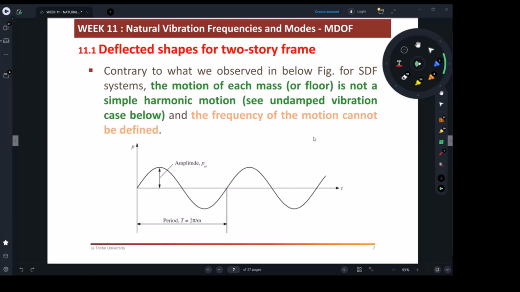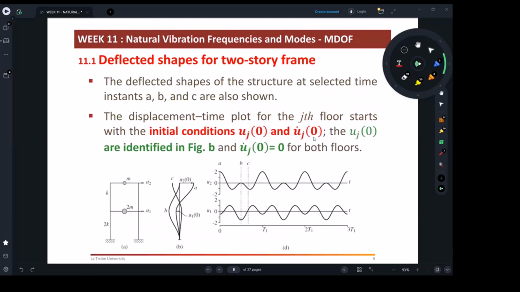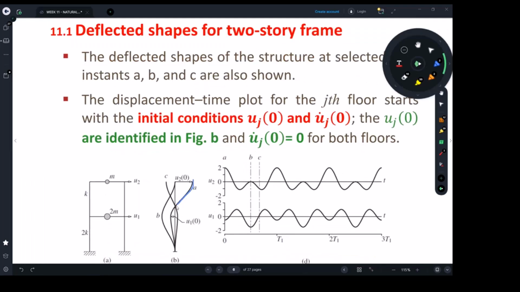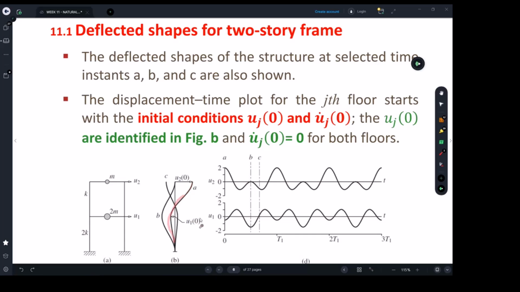Unlike what we're seeing for a multi-degree of freedom system, if you displace it randomly, so without a specific rule, the motion won't be consistent. Next, I will talk about cases where the shape will give you some sort of consistency. But now, if we randomly displace it with shape A, then you won't have any consistency between the amplitudes.